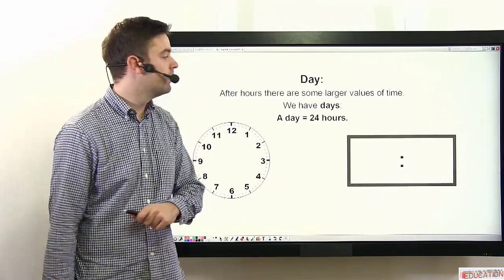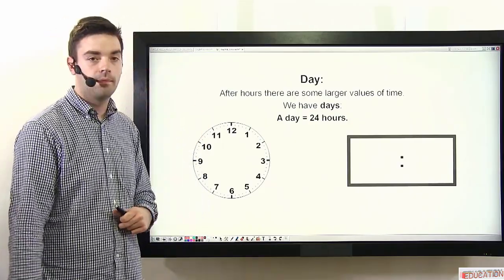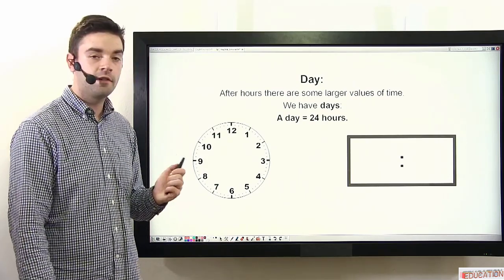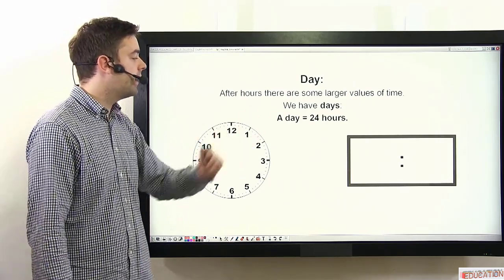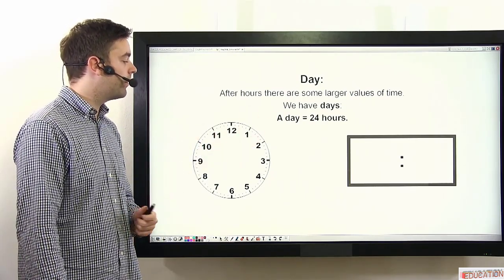After hours, there are some larger values of time. For example, we have days. A day is 24 hours.